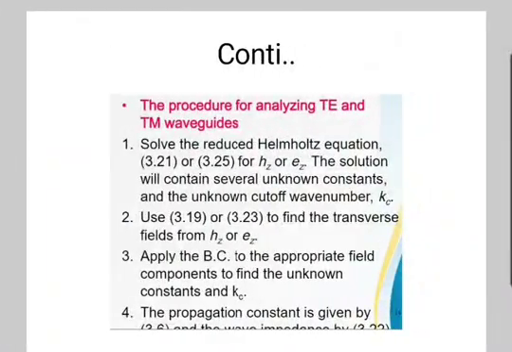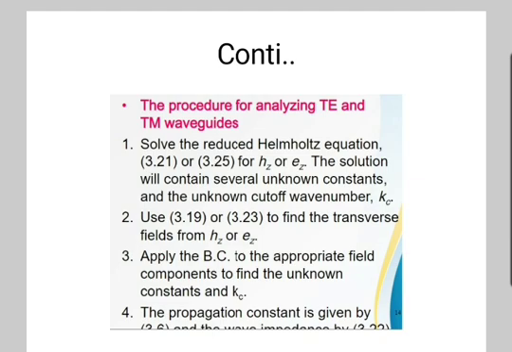Now the next stepwise procedure is for analyzing the TE and TM modes. First we have to reduce the Helmholtz equation for Hz or Ez. Then the solution will have many unknown constants and an unknown cutoff wave number, that is Kc. Step 2 is to find the transverse fields from Hz or Ez.